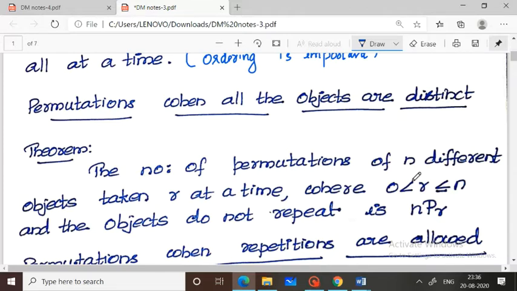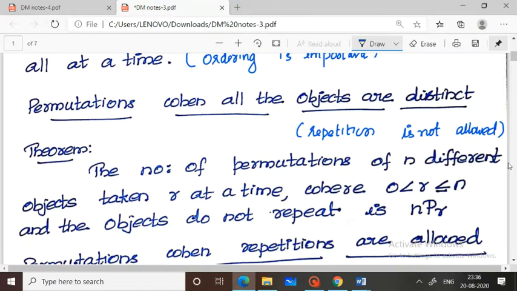That means repetition is not allowed. Remember that if the objects are distinct, repetition is not allowed here. If the objects are not distinct, then repetition is allowed.